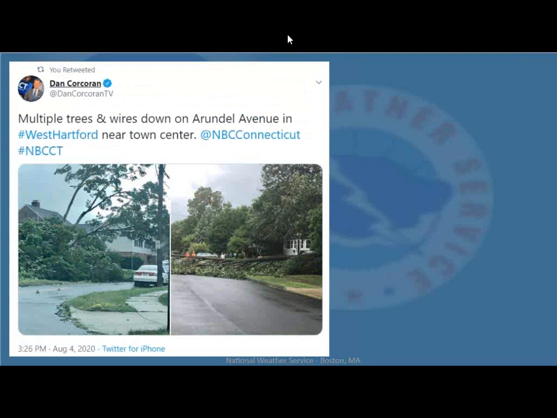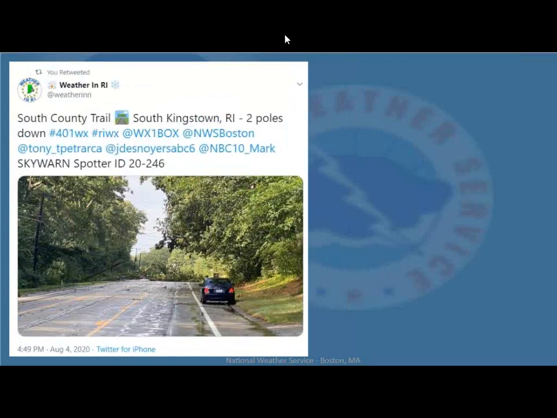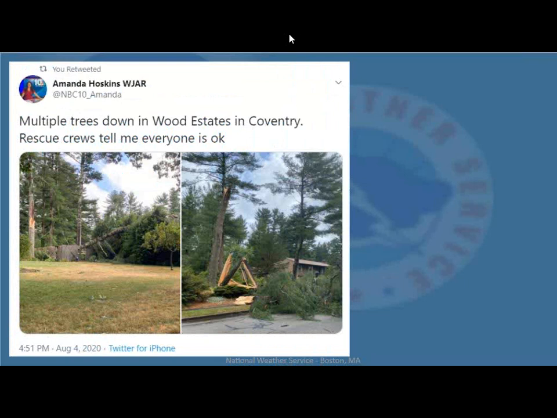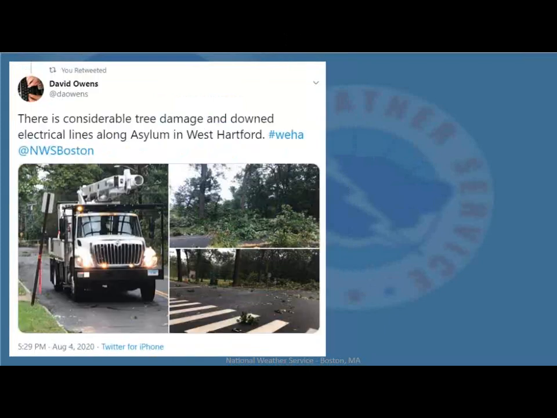Another tree knocked down, this is in West Hartford, and this is another angle of that building that had the roof blown off in Wethersfield. Again, some more trees down, also some power lines knocked down, probably due to those trees falling on the lines and bringing them down. Some more tree damage. A tree uprooted and knocked into a home in Springfield.